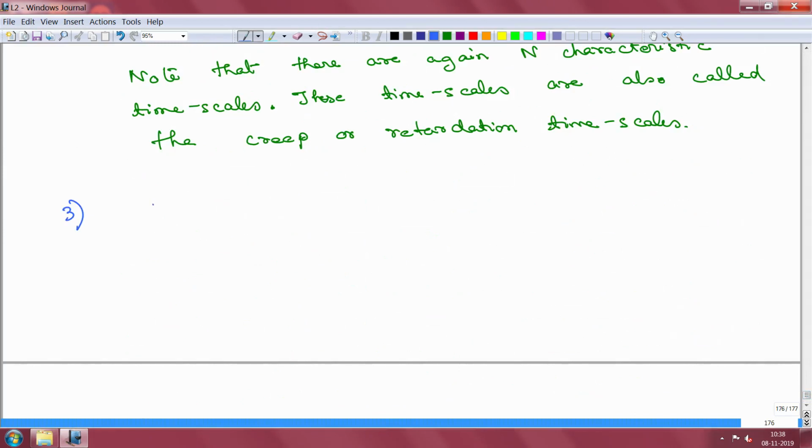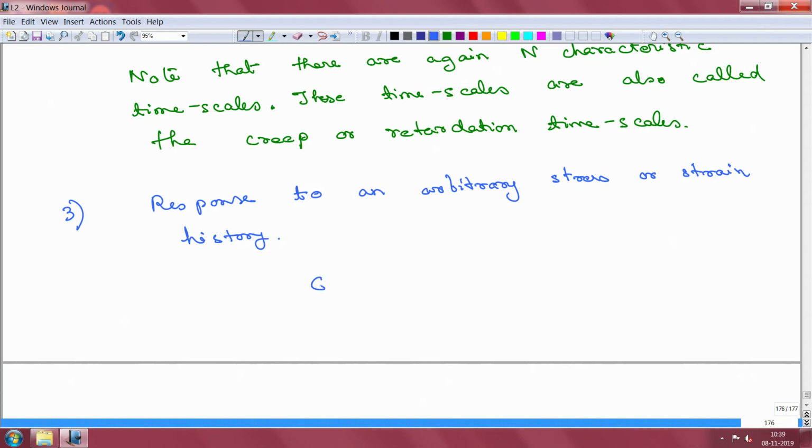Now that we have been able to do these two cases, let us turn our attention to the case of the response to an arbitrary stress or strain history. We saw that you can define a Laplacian which is 1 by s times q bar of s, and when we take the Laplace inverse of this, we end up getting the stress relaxation function.